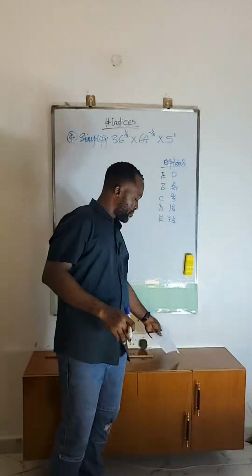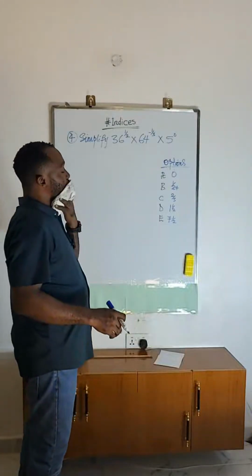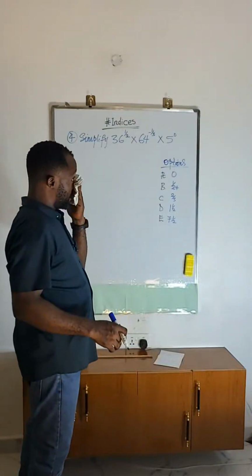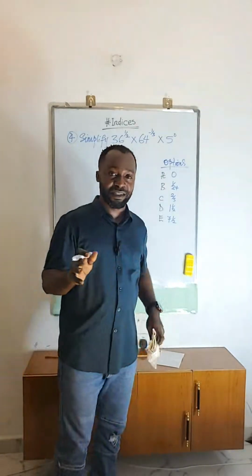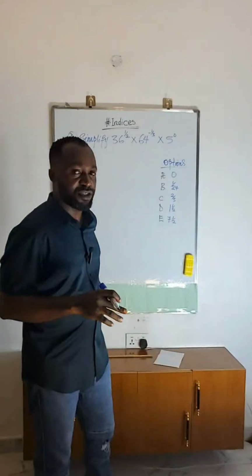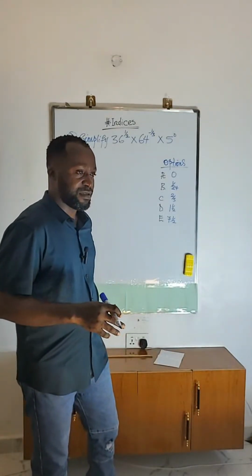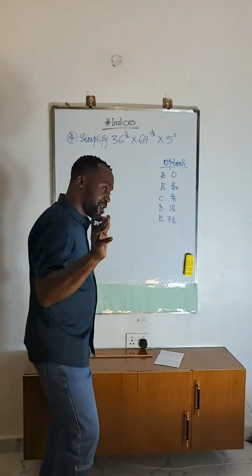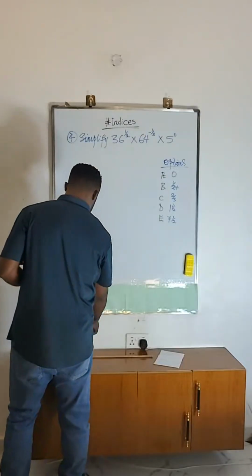Okay, so let's solve this. I'm still saying, wherever you do not understand, ask your question in the comment section and we will do justice to your question by answering it the way you would like it. All right.